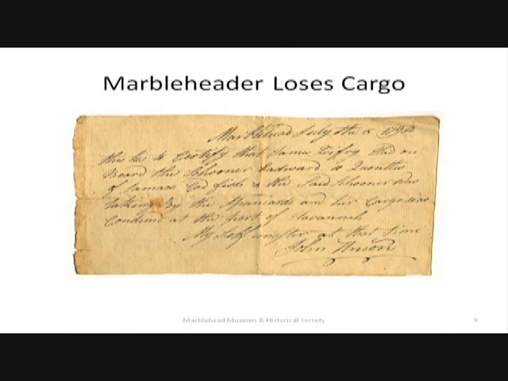This is to certify that James Trefry had on board the schooner Edward 10 quintals of Jamaica codfish, and the said schooner was taken by the Spanish, and his cargo was condemned in the port of Havana. Myself, master at that time, John Anson. So Marblehead ships were being taken.